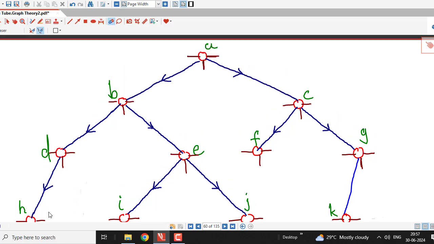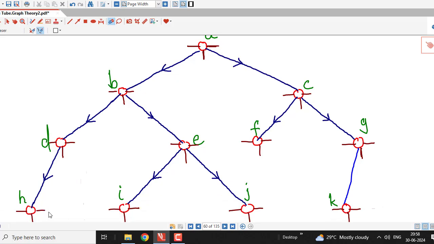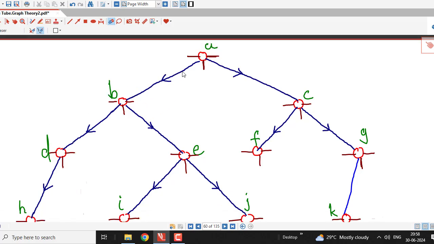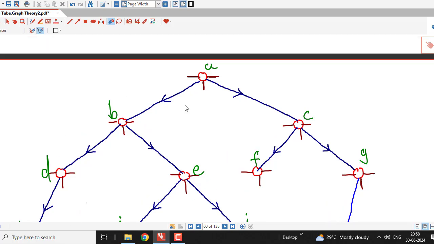Now what we will do, we will consider a closed curve which will pass near the vertices of this rooted tree. Whenever that closed curve touches the left line, we will write down that vertex in pre-order.